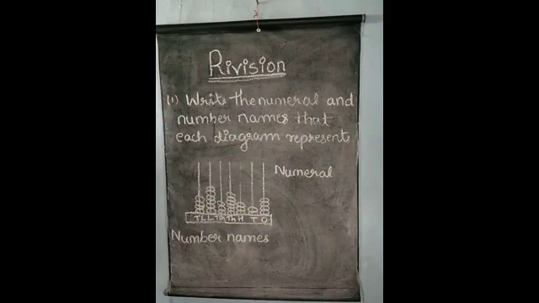Now, let's write the numeral seeing the abacus table. In the abacus table, in 10 lakh place, how many beads are there? 1, 2, 3, 4 beads. That means 4 at 10 lakh place.